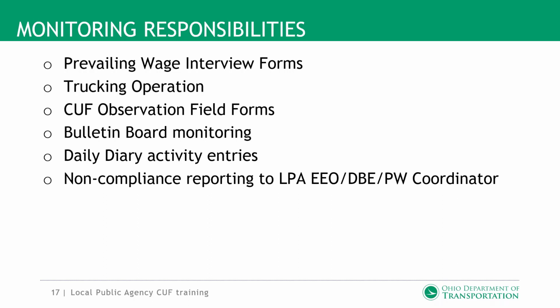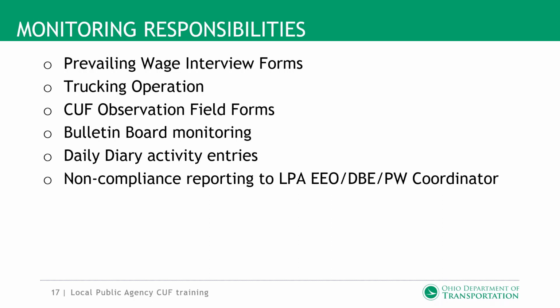The CUF observation field forms. Those field forms are just like anything else. They are part of the normal process of review by the district construction LPA engineer or construction monitor, as it may be. So those CUF observation field forms are once per contract and once per DBE.